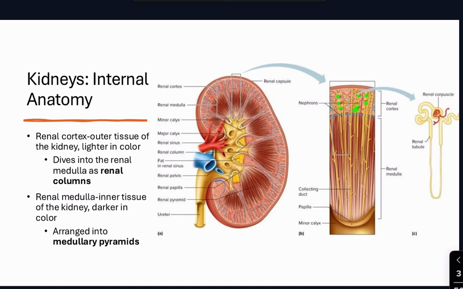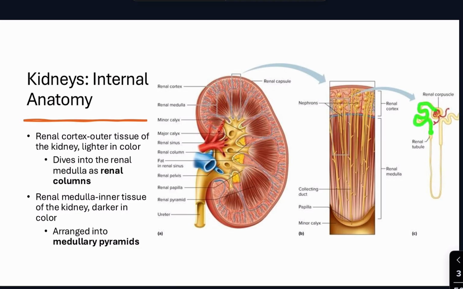Like the collecting ducts and the descending and ascending loops of Henle. Those will be in both, but the glomeruli, for example, which we'll talk about, are only found in the renal cortex. And we can get a bit more of a close-up view over here all the way on the right of the individual functional unit called the nephron.